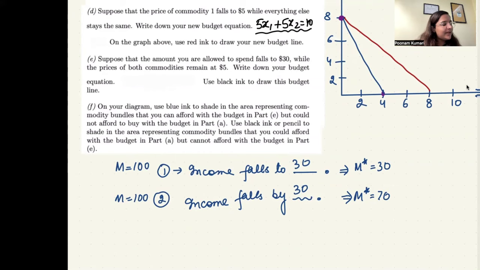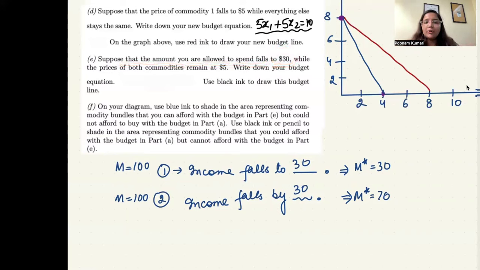So here what have they told you, that the amount that you are allowed to spend falls to $30. So initially your income was 40. Now the amount that you are allowed to spend is 30 only. So that amount is 30.